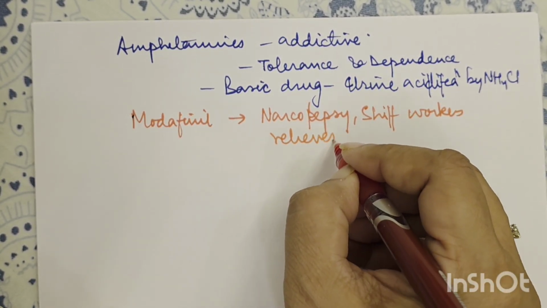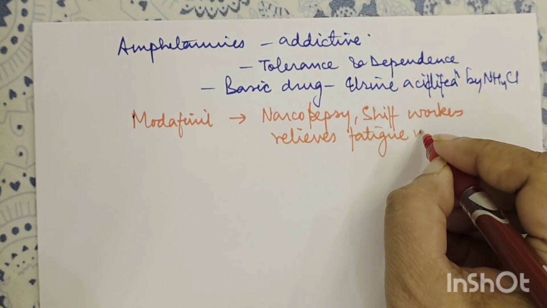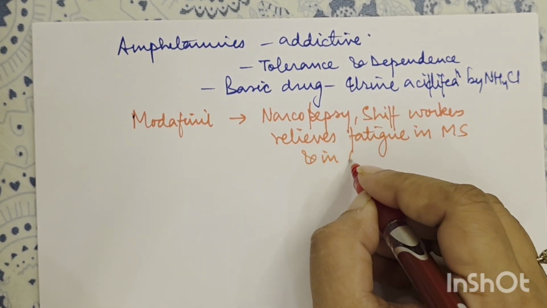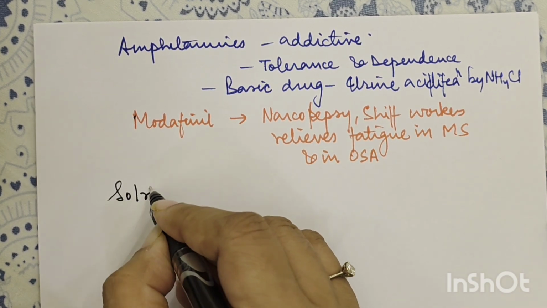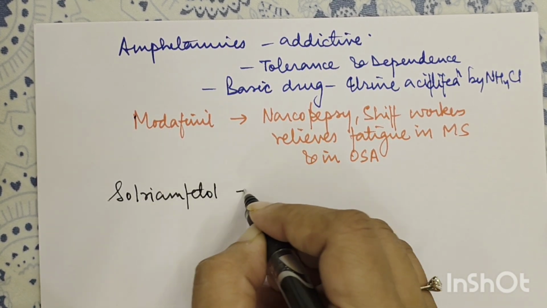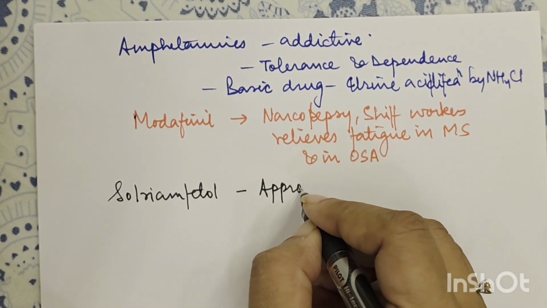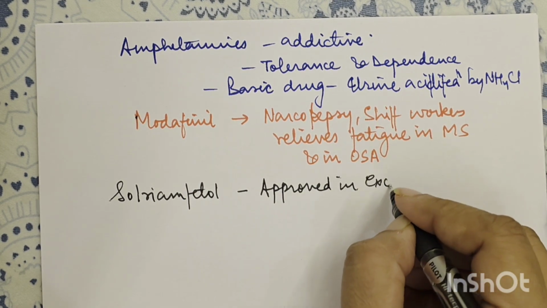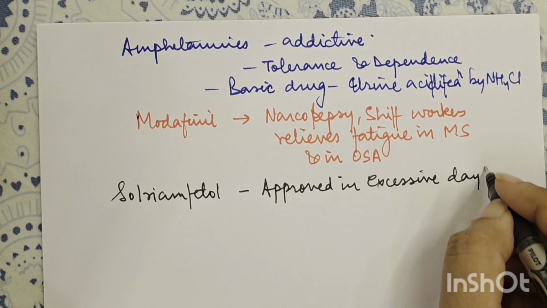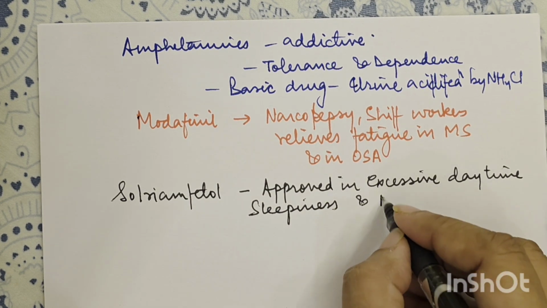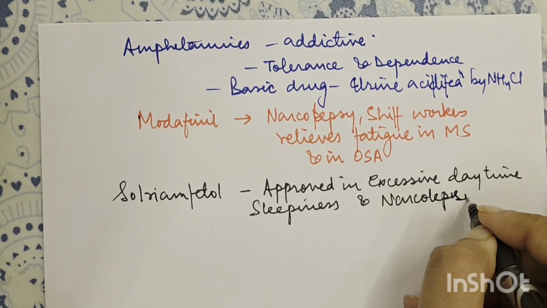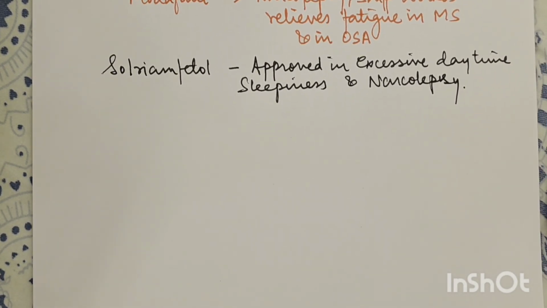It relieves fatigue in multiple sclerosis and in obstructive sleep apnea. Okay, then there is another drug called solriamfetol. It is a new drug approved in excessive daytime sleepiness and narcolepsy. Okay, so these are some important drugs.